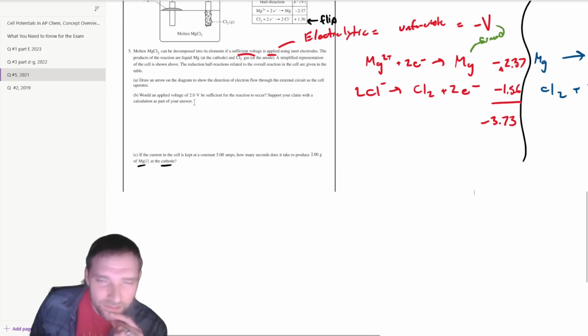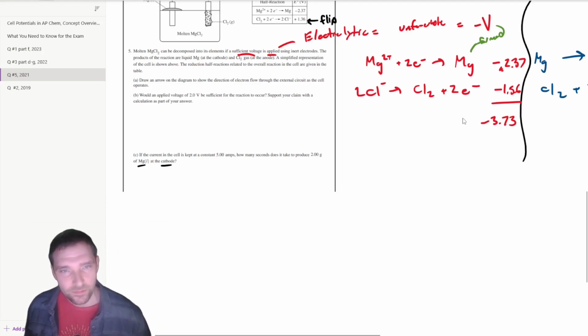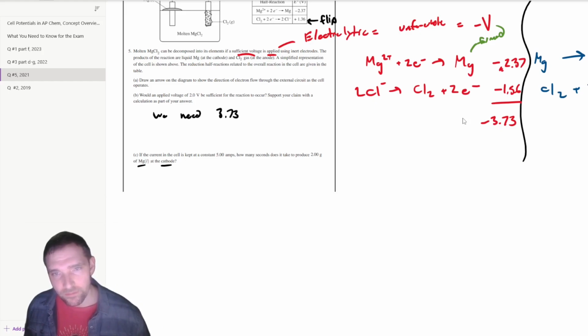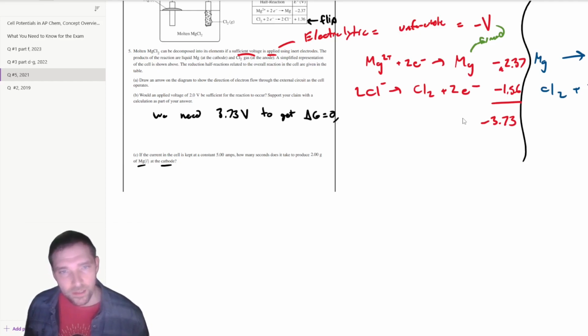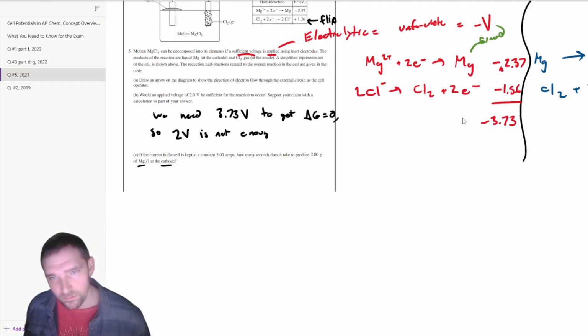This is where they're saying, is this enough? And we need 3.73 volts to get change in G to be 0. So 2 volts is not enough.